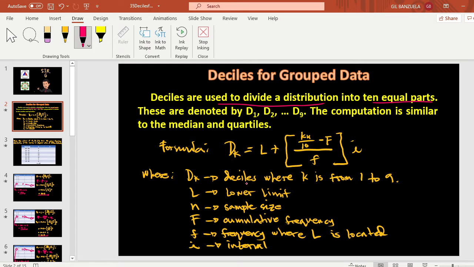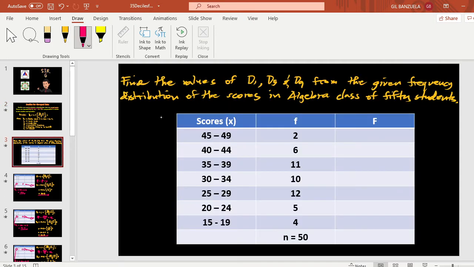Again, d sub k is the deciles, where k is numbers from 1 to 9. L is the true lower limit, and n is the sample size. Capital F is our cumulative frequency. Small f is the frequency where the lower limit is located, and i is for the interval.